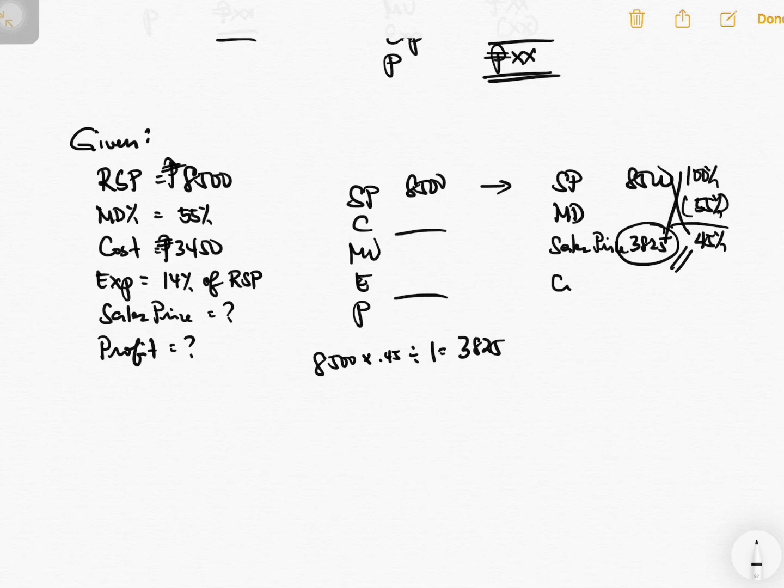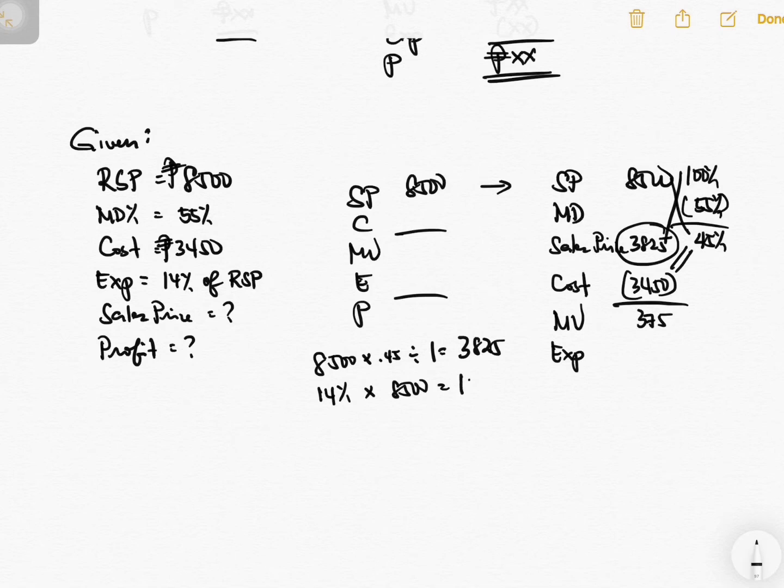And then deduct your cost. What's the cost? It's 3,450. Markup is 375. And then get your expense. Expense is 14% of RSP. 14% of RSP, it's 8.5. Answer is 1,190.